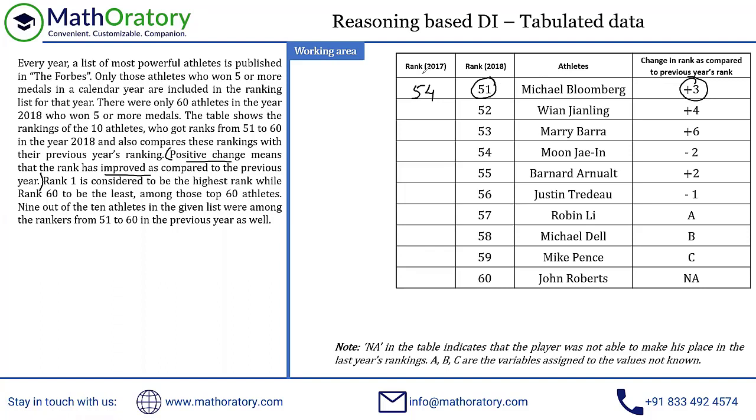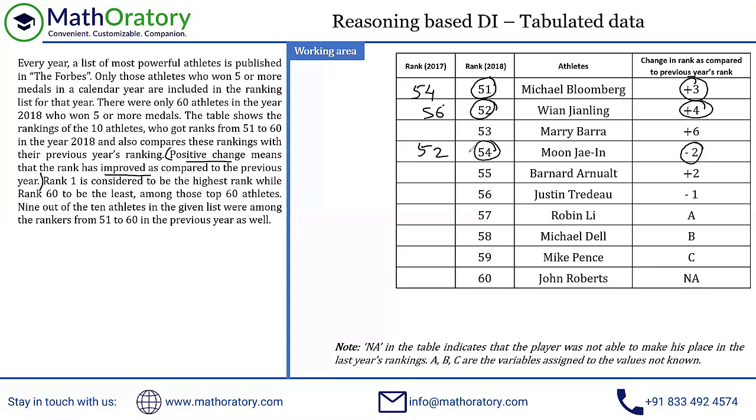Once I've figured it out, now I can apply the same logic for each and every row, right? So for example, for the next one, for 52 +4, I'll get it as 56, right? So that is what it should be. Whenever there's a negative one, so for example, here 54 -2, this should be 52. The rank in 2017 must be better than rank in 2018. That is why there's a negative change in the rank. So this is the way we are going to fill it up.